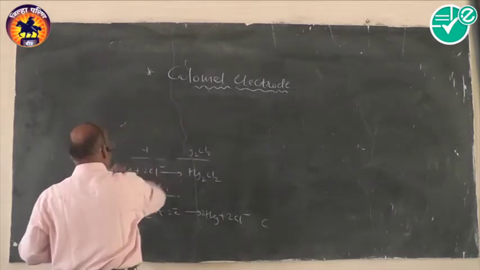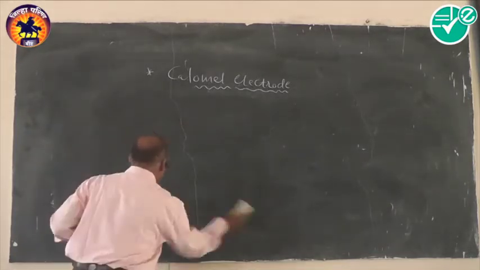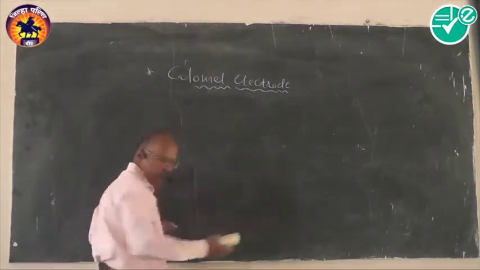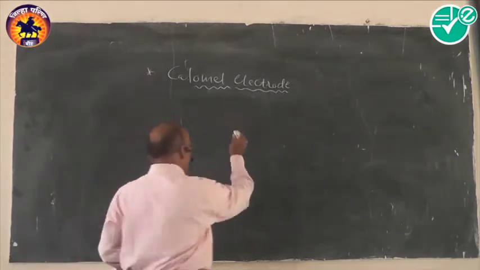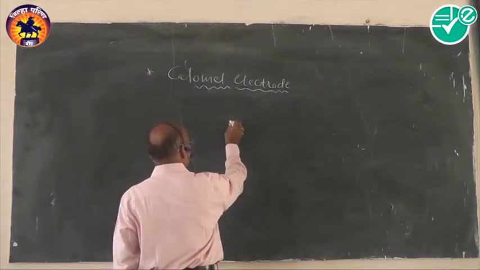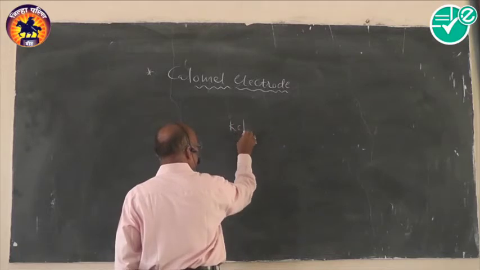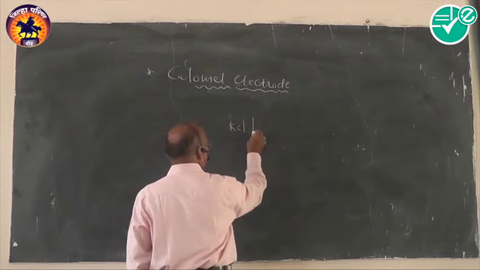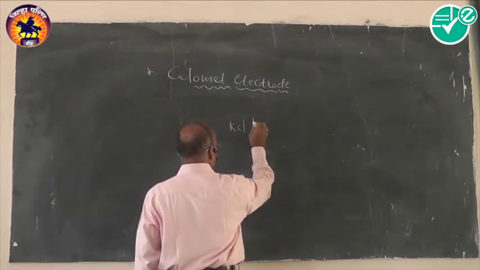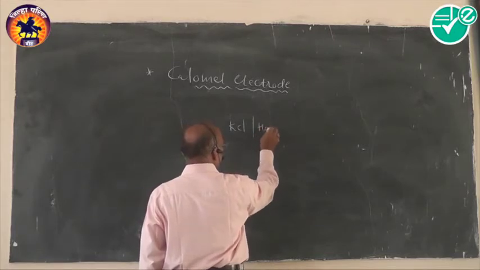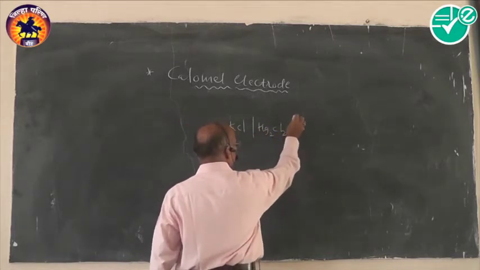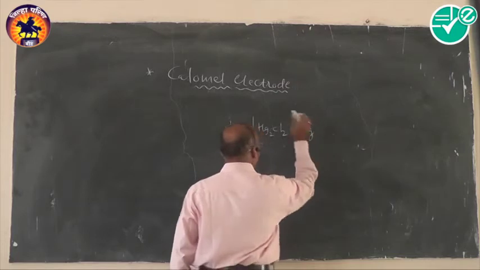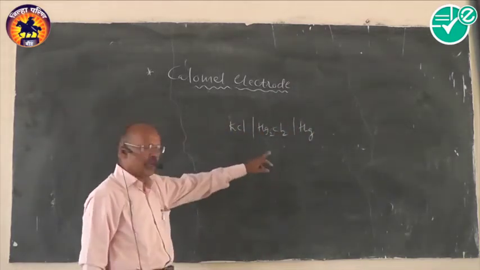How is a cell to be represented by the cell formula? In this case, first we have potassium chloride as saturated. Then we have Hg2Cl2, along with mercury. So the cell is represented in this fashion.